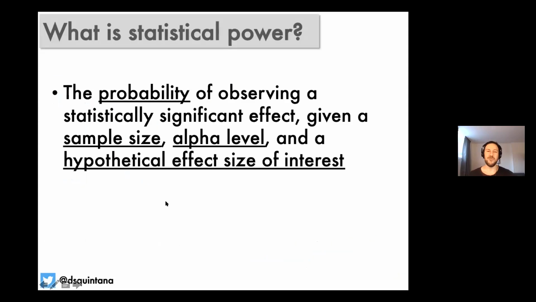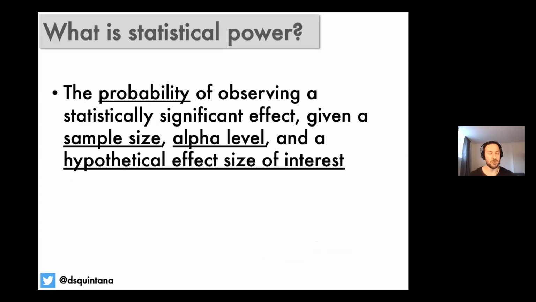So I will start with a basic definition of what statistical power is, and it is the probability of observing a statistically significant effect given a sample size, alpha level, and a hypothetical effect size of interest. So these are quite important, because these are the three things we need to calculate your power.